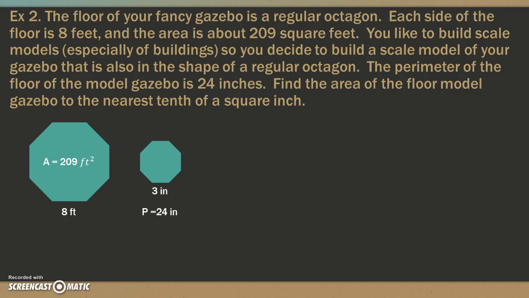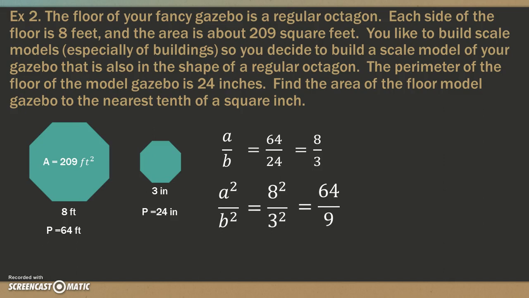And we want the area of the small one. So this is 8 to 3. The perimeter is 64. 64 to 24, 8 to 3. And then we square them to find area. So 64 over 9. And then we're going to set up proportions. 64 is to 9 as 209 is to x. Cross multiply, we get 64x equals something. Divide by 64 and you get 29 square inches.